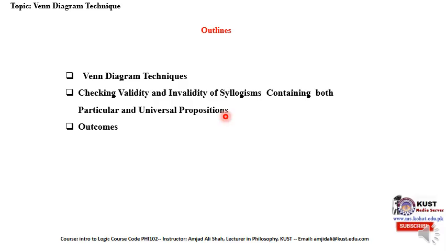Now, in this lecture, our main focus will be on the method that is about the particular proposition, or in other words, we can say there are some syllogisms which contain both particular and universal propositions. The outcome of this lecture is definitely to know about the method, the technique, that how to know about the validity and invalidity of syllogism by a diagrammatic technique.